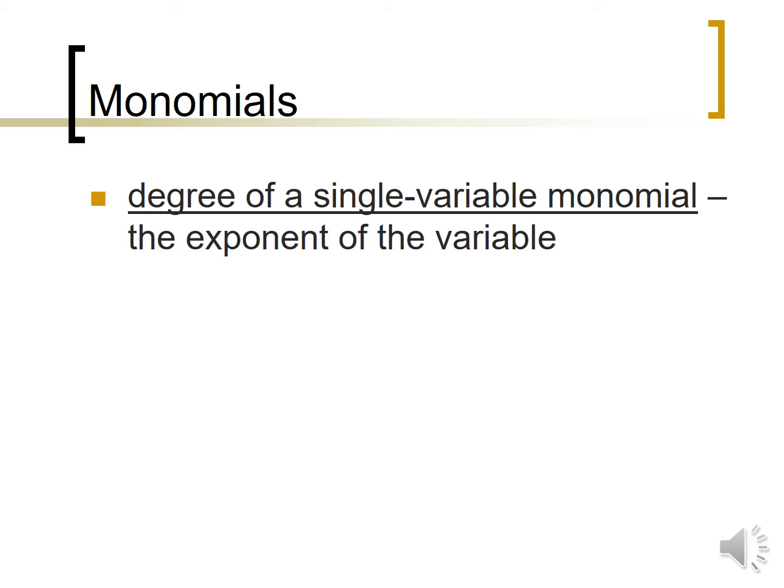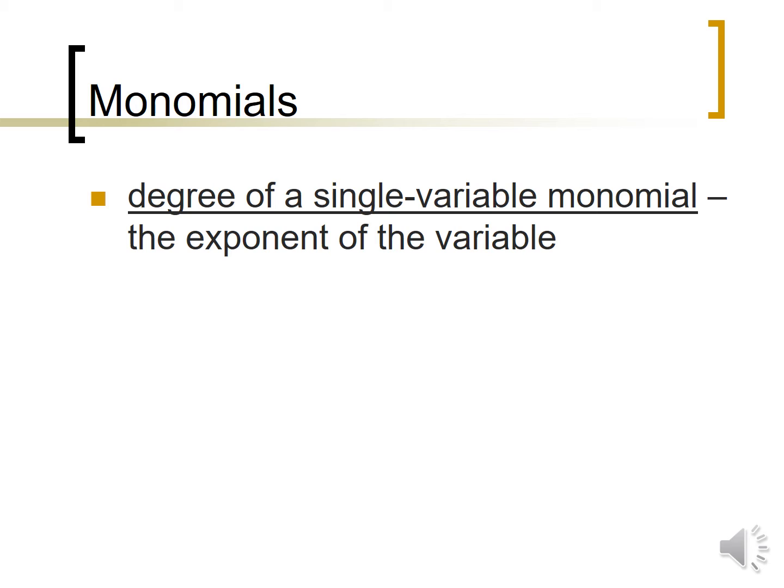Now, every monomial has a number associated with it called the degree of the monomial. We're only going to focus on monomials that use x's or y's or z's, but not x's and y's and z's altogether.